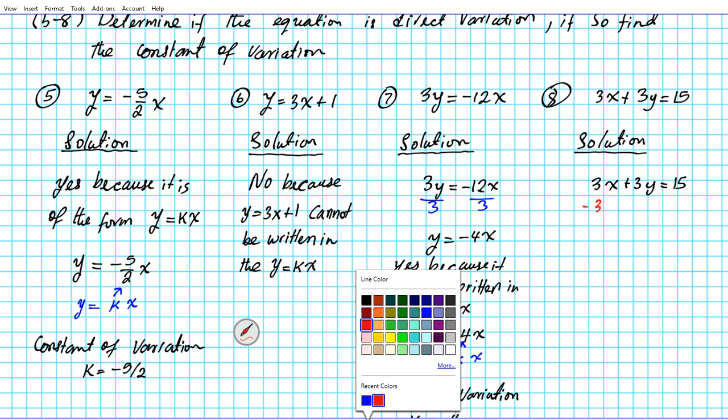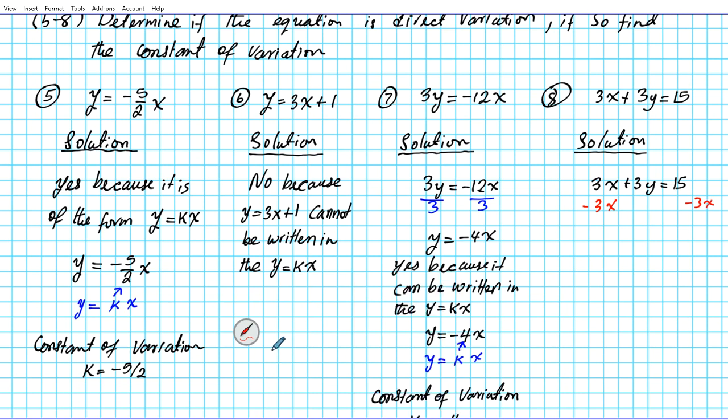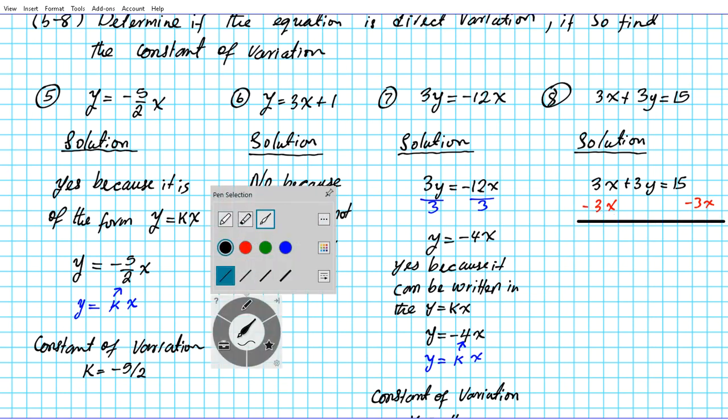So we subtract 3x from both sides of the equation. When we carry out that subtraction, what's the result? It yields 3y is equal to negative 3x plus 15. And then we'll proceed to divide every single term by 3. Your final answer is y equals negative x plus 5.